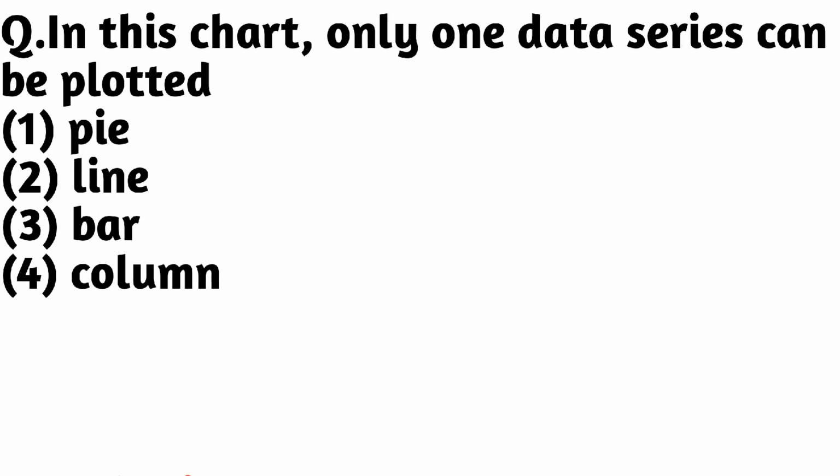Next question. In this chart only one data series can be plotted. Option 1 pie, option 2 line chart, option 3 bar chart and option 4 column chart. The correct answer is option 1 pie chart.